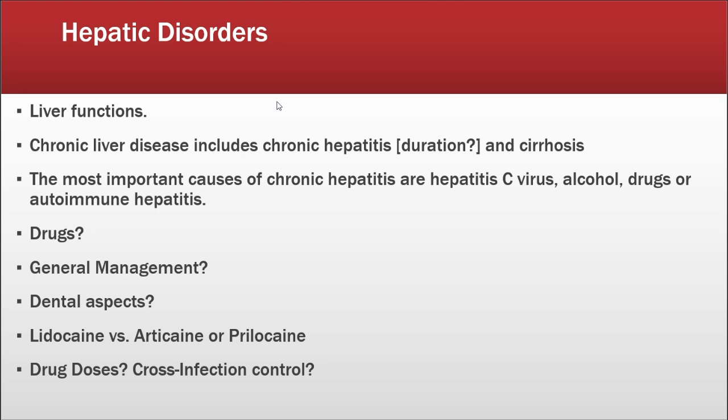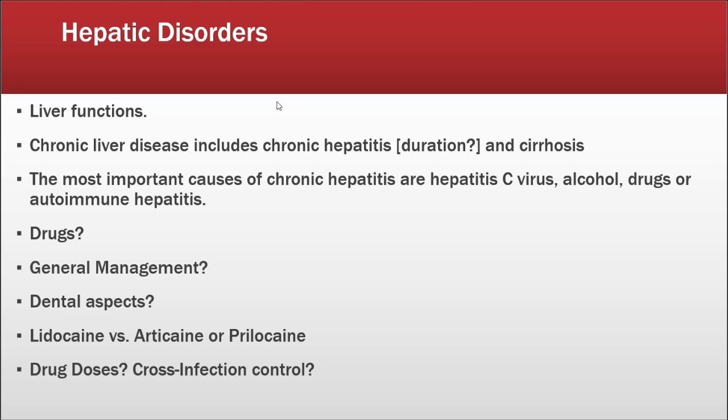These patients might have problems with bleeding because the liver is not functioning properly. So we need to be careful with the PT, the PTT, the INR, and we'll talk about them later. These patients do not produce the clotting factors that we need. So we need to be careful with this.